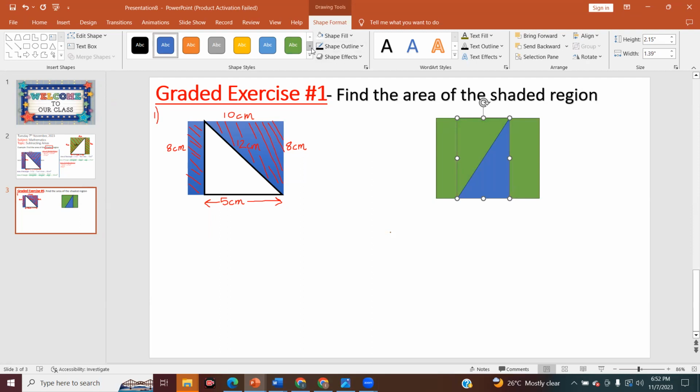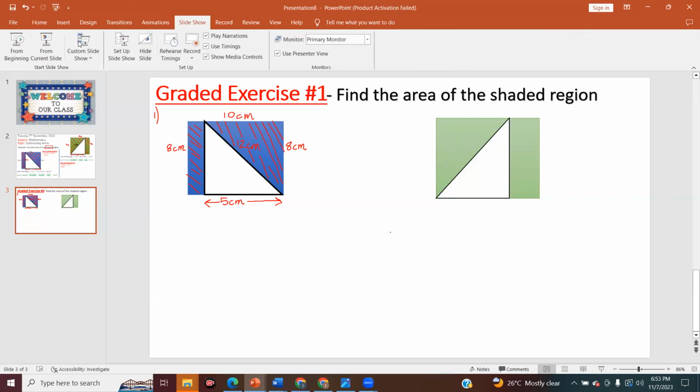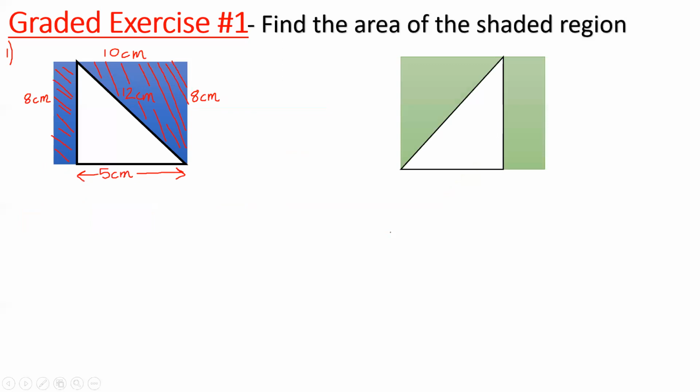And so for this one, for number 2, we also need to find the area of the shaded region. So let's look at it. This is number 2.